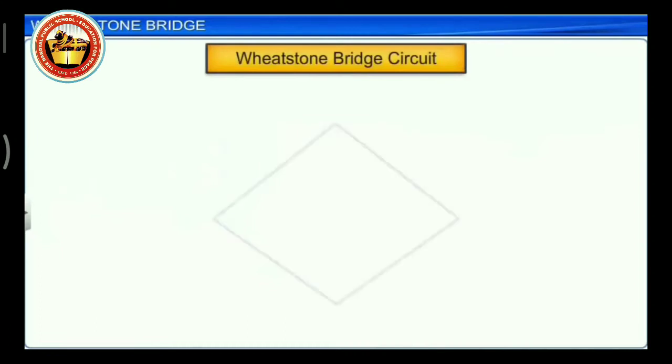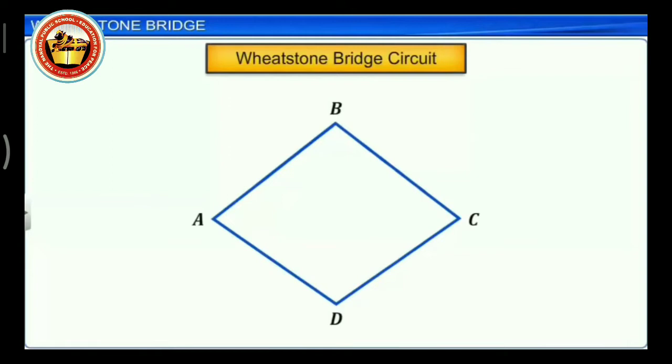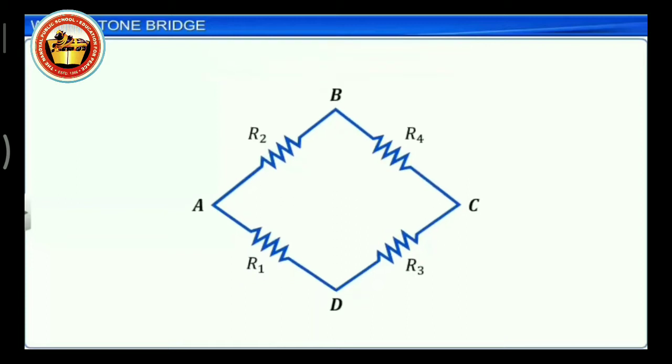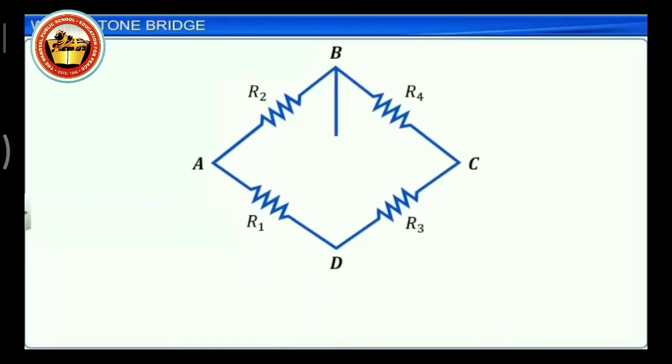The Wheatstone bridge is an arrangement of 4 resistances used to measure one of them in terms of the other 3. Consider AB, BC, CD and AD, 4 resistors arranged like a rhombus, and along BC we take a galvanometer. The current passing through the galvanometer is Ig.